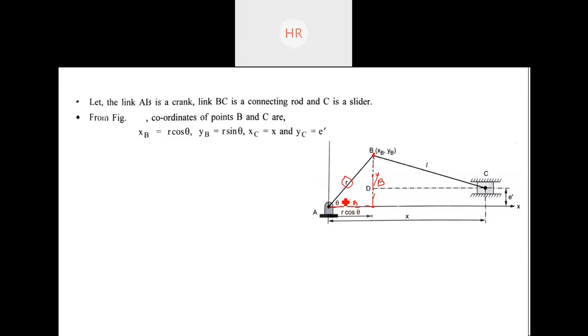So what will the x distance be? We have r and theta, so the x distance is r cos theta, and the vertical distance is r sin theta.